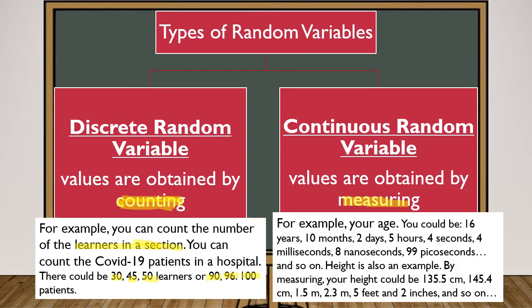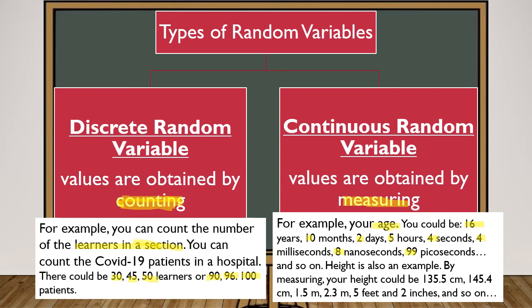While for continuous, an example is your age. Why is age continuous? Because your exact age, if you are asked how old you are, you could be 16 years, 10 months, 2 days, 5 hours, 4 seconds, 4 milliseconds, 8 nanoseconds, 99 picoseconds, and so on. Imagine it never stops. That's why it is continuous, because this is your exact age.